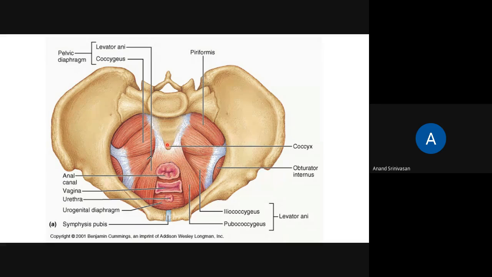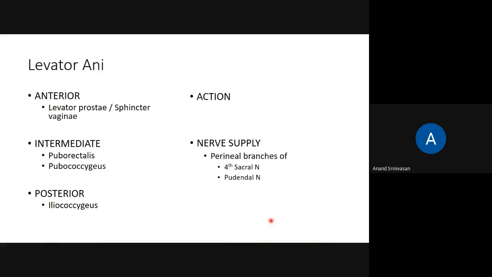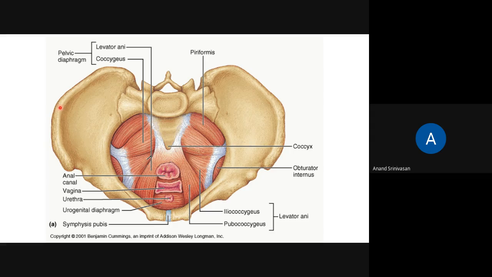Lastly, the iliococcygeus, from the ilium towards the coccyx. So these muscles constitute the levator ani.